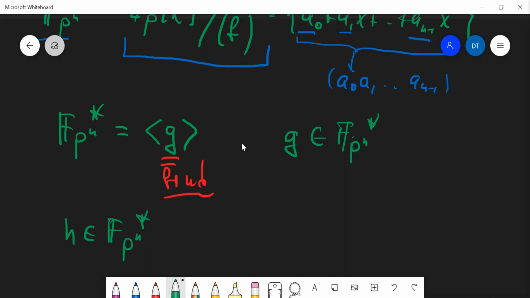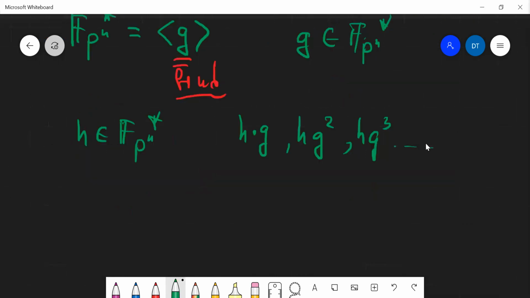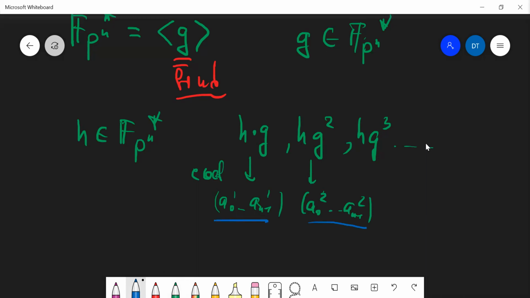And then we may produce a sequence like this: h times g, h times g squared, h times g cubed, etc. And we may take a look at the coefficients of this sequence. Then we take the coefficients, and this is the sequence I wanted to produce.